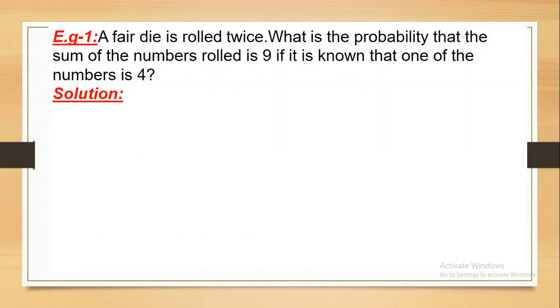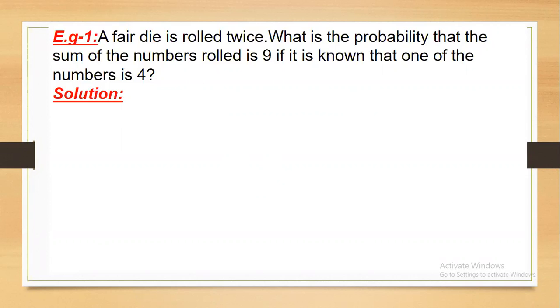One of them has already happened and it's 4, and we are going to find all possibilities for the second event. Here there are two cases. One of them is the sum of the numbers is 9. The second event is one of the numbers is 4.